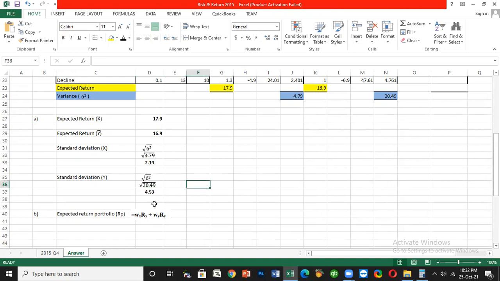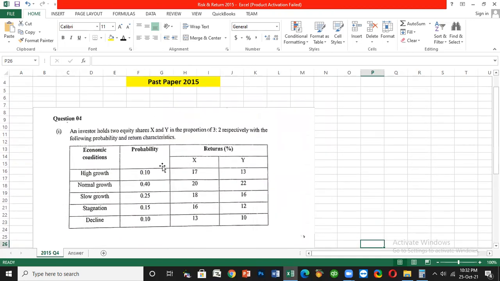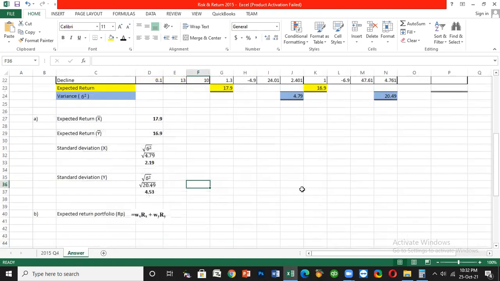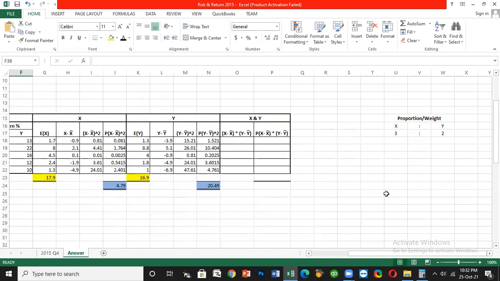So we want to calculate the weight of X and Y. Let's see how to calculate the weight of X and Y. In this question, the given X and Y proportion is 3 to 2. We know the total weight is equal to 1.